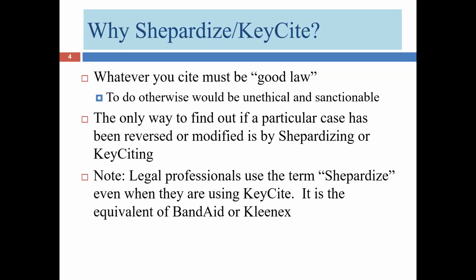Another related reason that we Shepardize and KeyCite is to find related cases. It's a wonderful research tool, and I'll show you some ways that you can use it for research in addition to confirm that something is good law. Even if a case isn't good law anymore and you may feel like, oh, I just hit a dead end here, you can still use that site to find good law, because after all, a case or a statute is telling you that's not good law anymore.